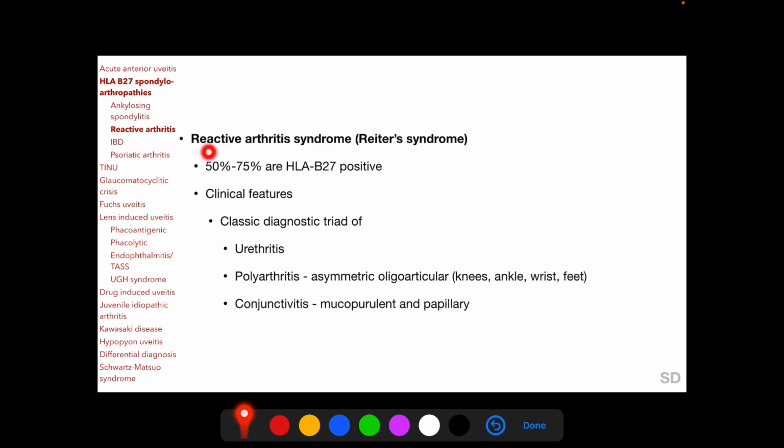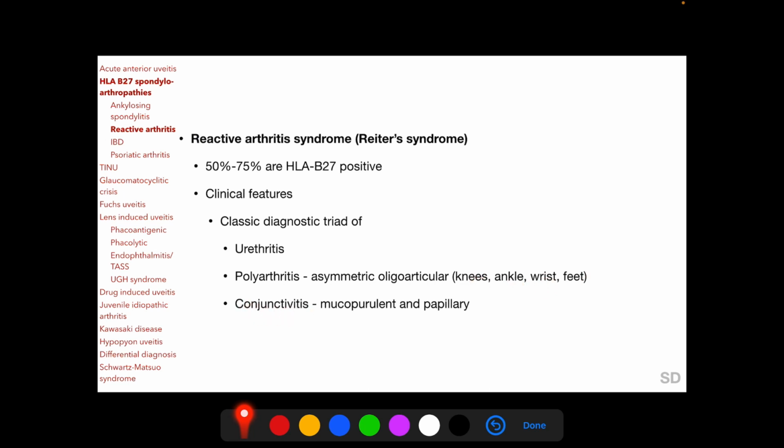In reactive arthritis syndrome, also called Reiter syndrome, 50 to 75% show HLA B-27 positivity, and the clinical features are a classic diagnostic triad of urethritis, polyarthritis, and conjunctivitis. The polyarthritis is asymmetric and oligoarticular, that means it involves only a few joints, and the typical joints are knees, ankle, wrist, and feet.